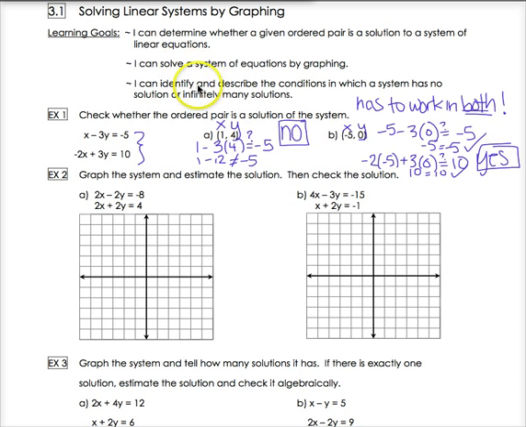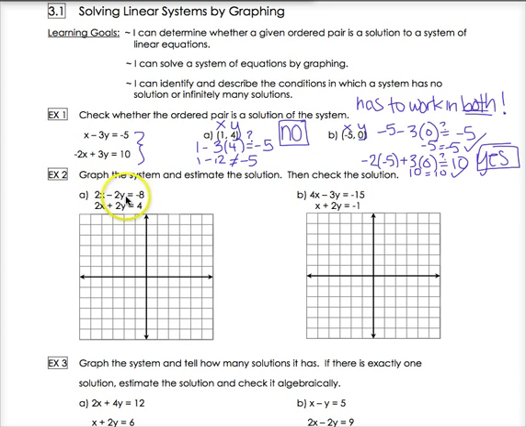All right, so hopefully you feel comfortable with that first learning goal. So let's move on to the second. I can solve a system of equations by graphing. We just reviewed a ton of graphing with the piecewise functions and with absolute values. So graphing a line should not be a problem here. But we have to remember that in order to graph a line, it's important that we put our lines in slope-intercept form.